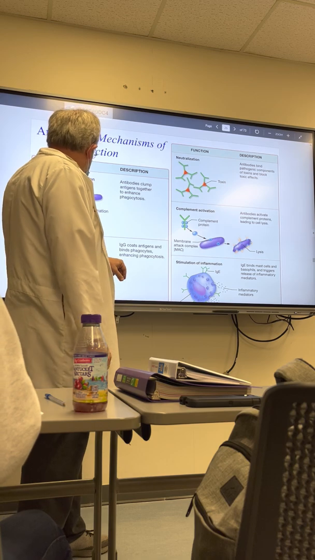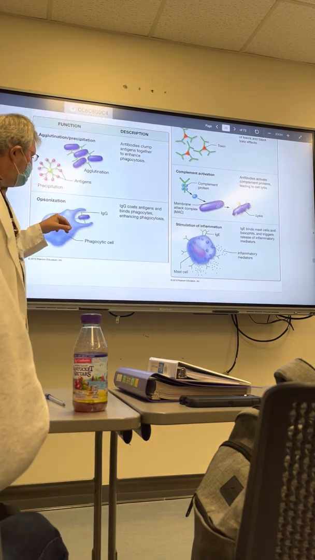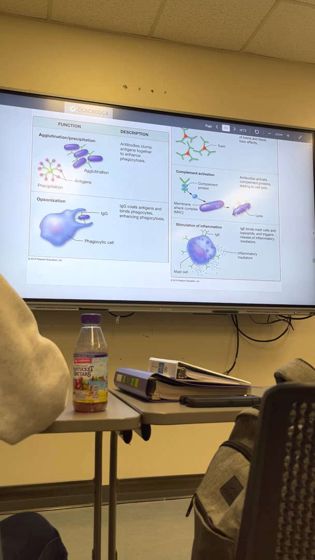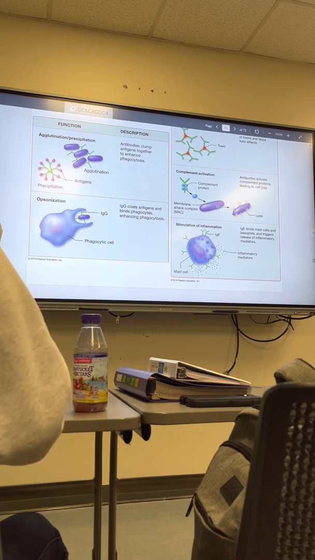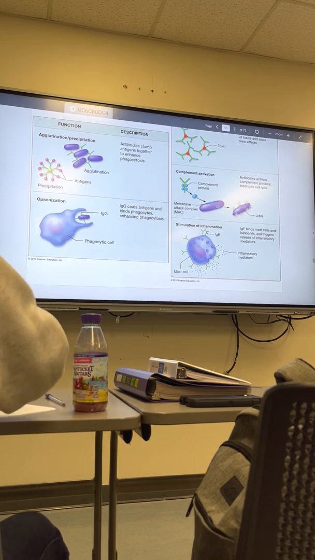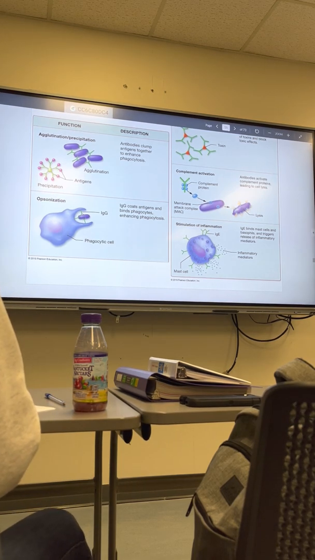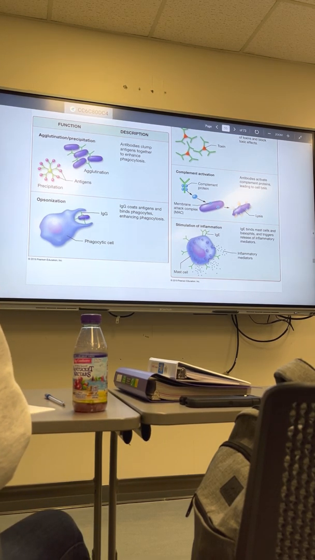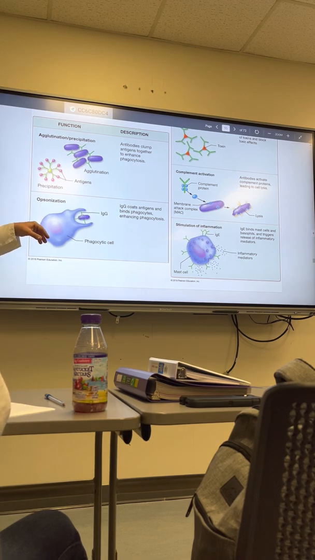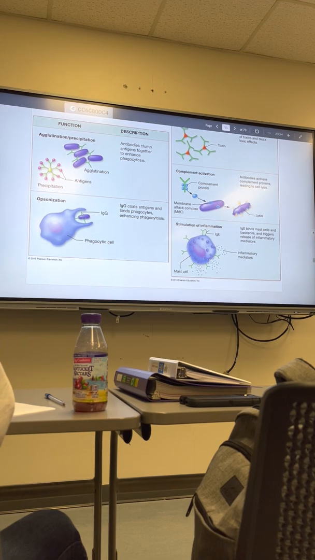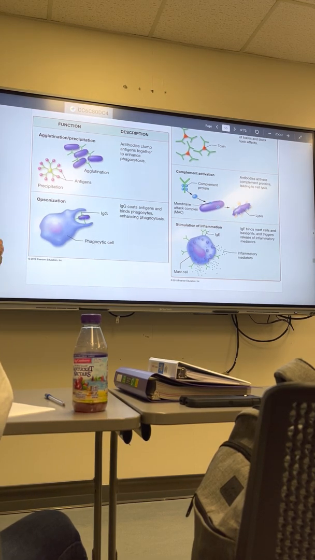Something else that might still work here is opsonization. Opsonization means that when antibodies are attached to something, it triggers the phagocytes to come and eat and destroy them. That includes neutrophils, macrophages, and even on occasion a basophil or an eosinophil can do it, but it's primarily the monocyte-macrophage line and the neutrophils that take advantage of this.